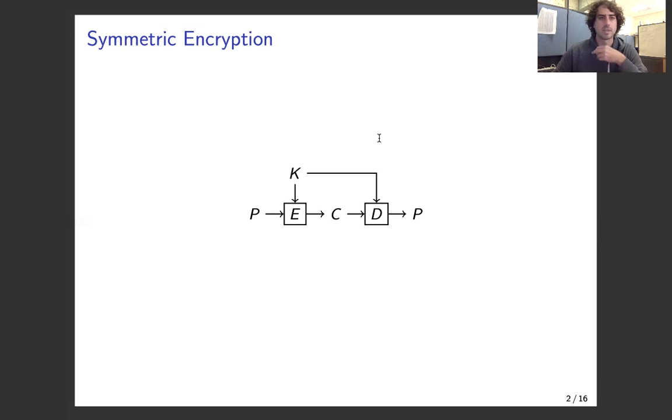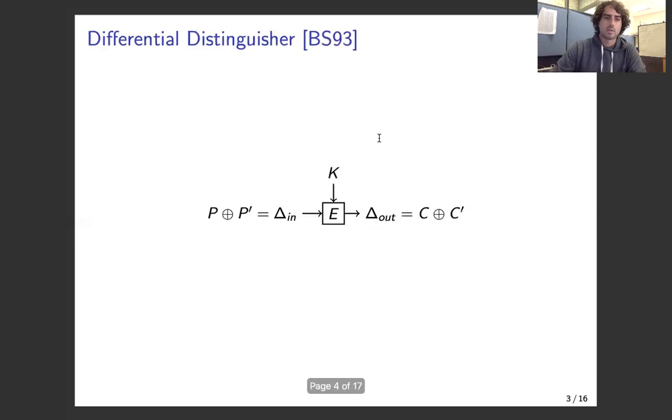A distinguisher is basically an algorithm such that we distinguish the cipher from a random permutation. The distinguisher that we will be looking at is the differential distinguisher introduced by Biham and Shamir in 1993, which basically looks at relationships between the input and the output difference.